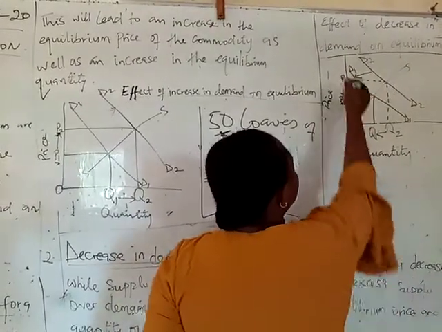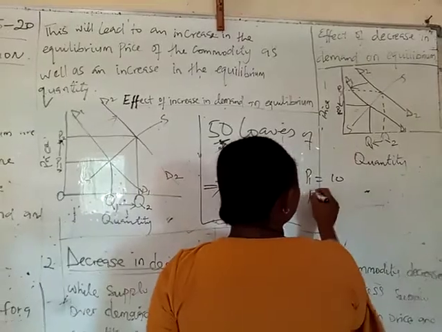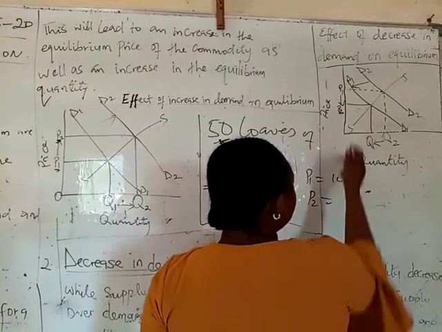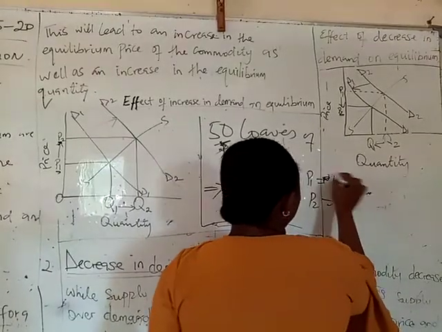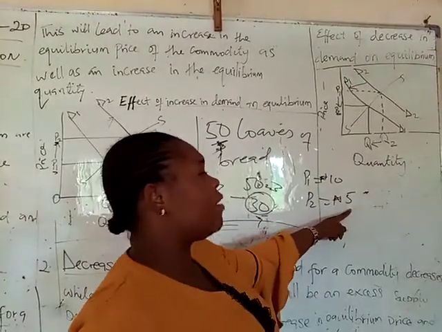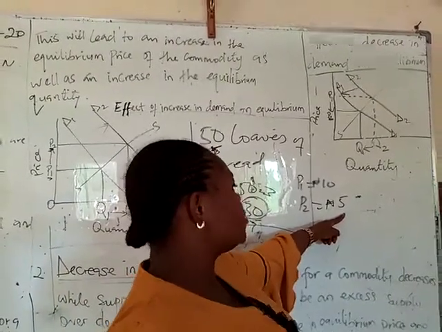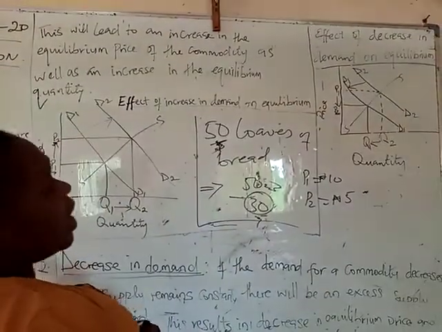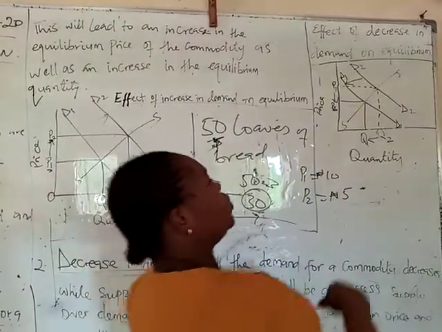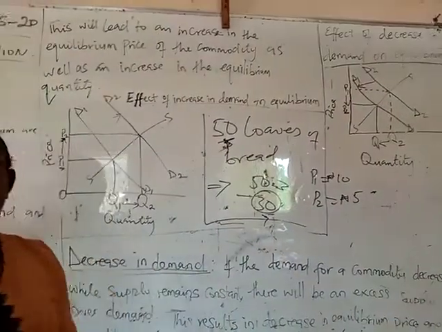Let us assume that P1 is equal to 10 naira, then P2 reduces from P1, which simply means P2 is equal to 5 naira. So they have to sell it at 5 naira, especially if it is perishable goods. They have to give it out in order not to lose everything. Remember, in this case, we say that the supply is constant. Is that clear?